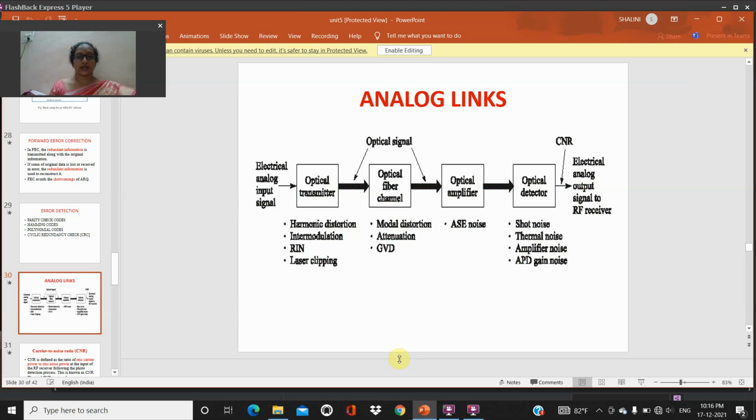Then the electrical analog output signal goes to the RF receiver. This is the analog link we observe.